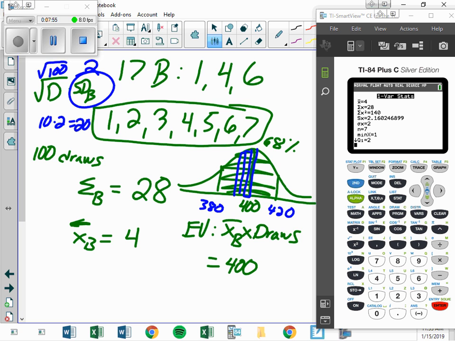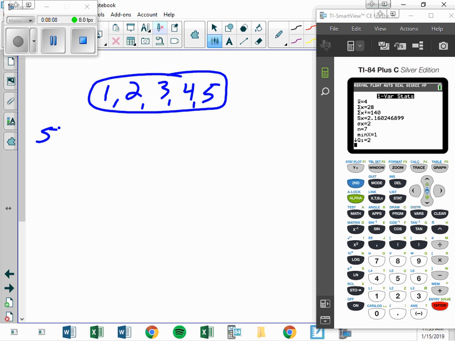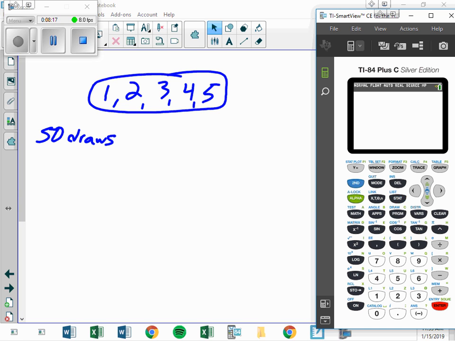Okay, number 4. 50 draws are made at random with replacement from the box 1, 2, 3, 4, 5. So I'm going to make 50 draws. And I'm going to go ahead and put that in my stats because apparently I don't know how to add things up. I bombed it last time.